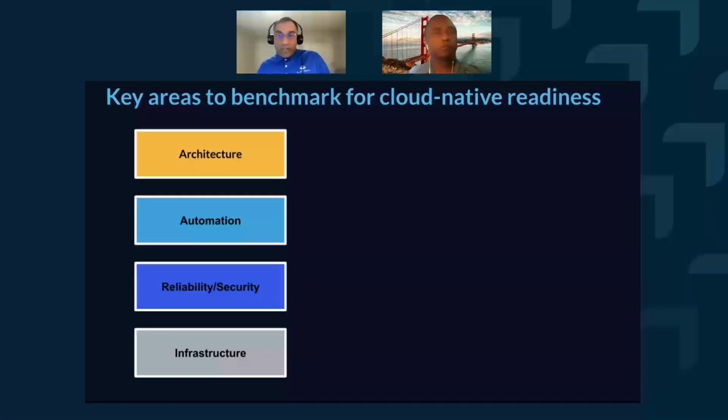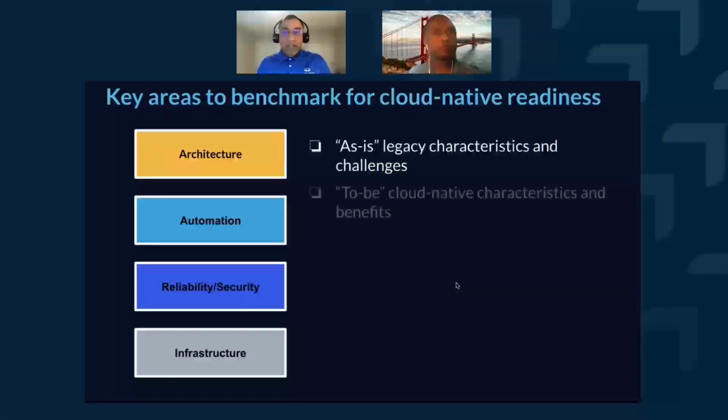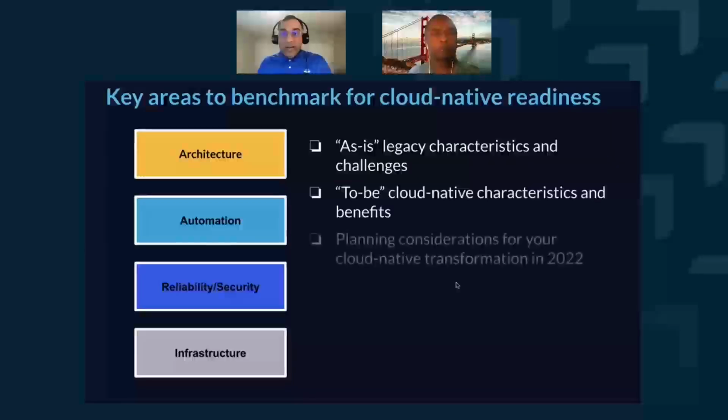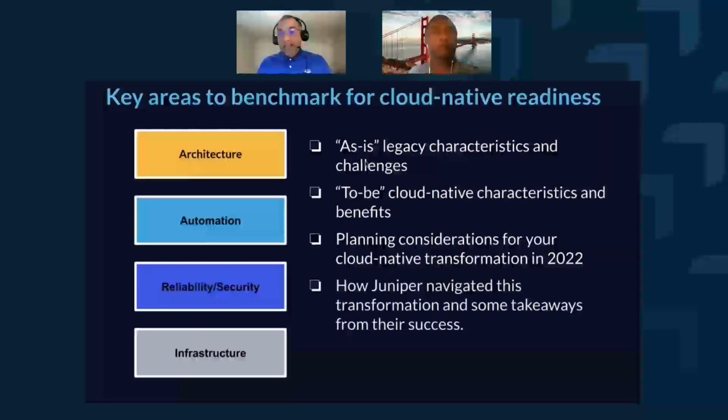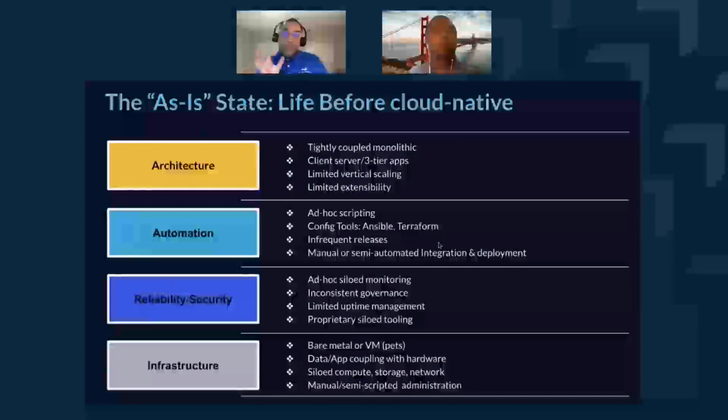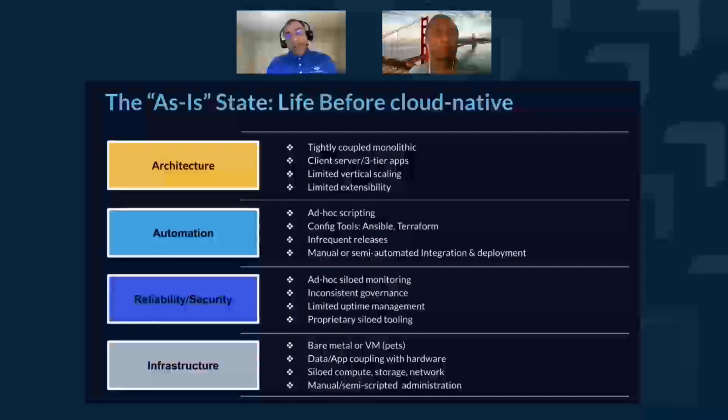Right. So before we go to the cloud native world, what I'd like to do is get your thoughts on how it was, like as is, like many enterprises are on a journey. They're probably not all in the legacy world and probably not all in the cloud native world. But it'd be good to talk about what the as is state was or is, right, as we're transitioning. What did you see?